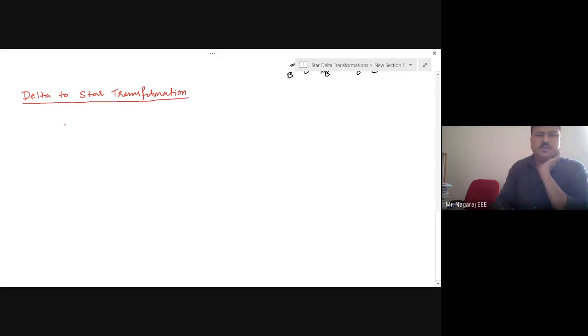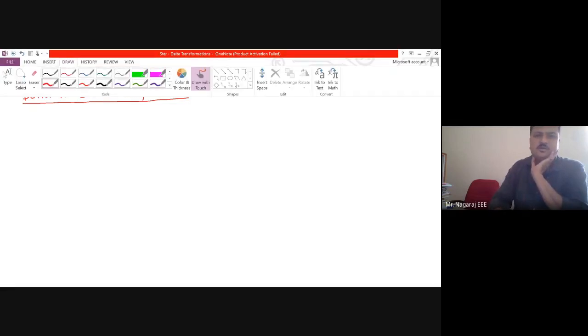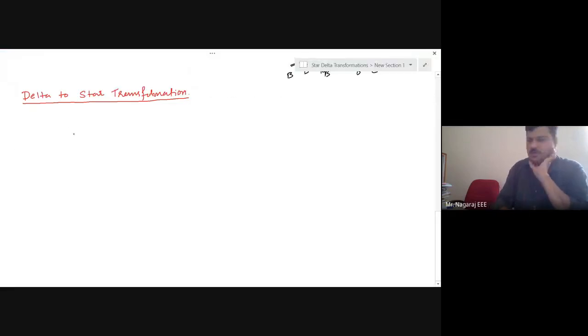So what this means is, I have a delta connected network, and I want to get the equivalent star connection of that.